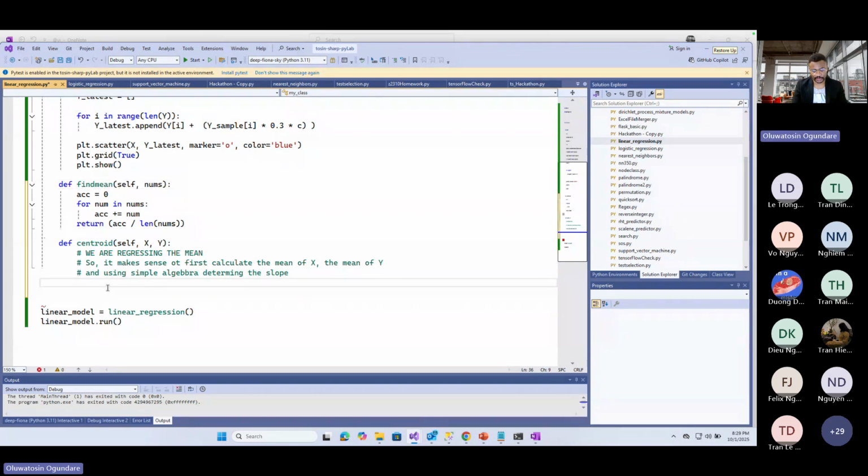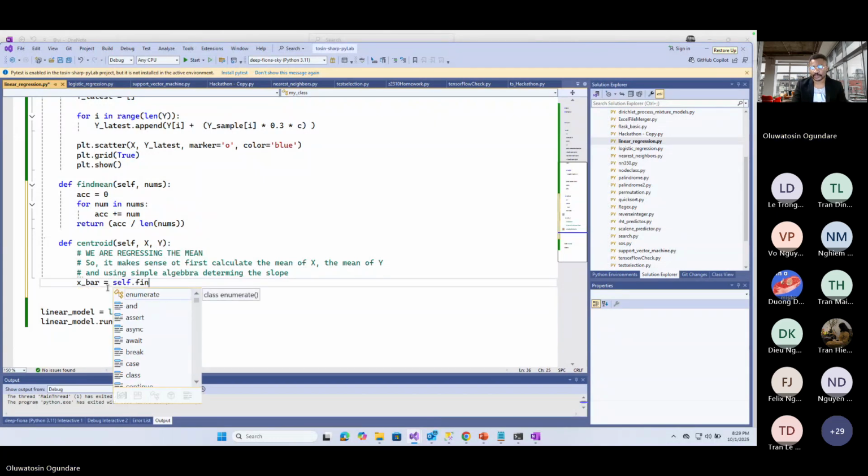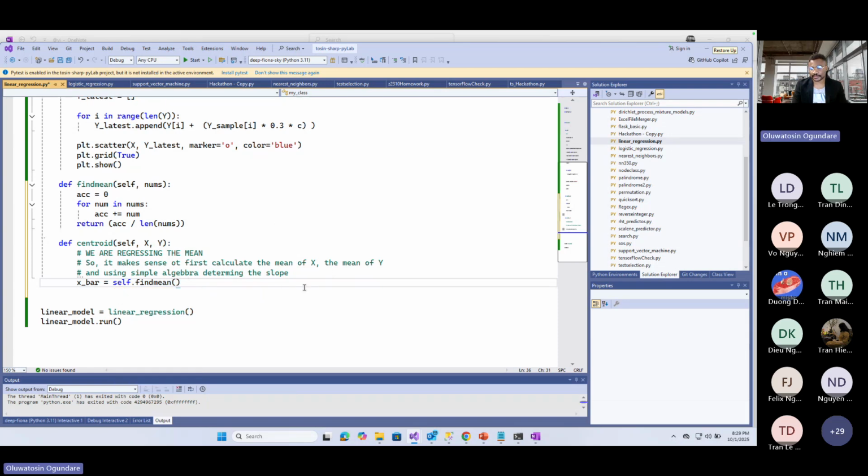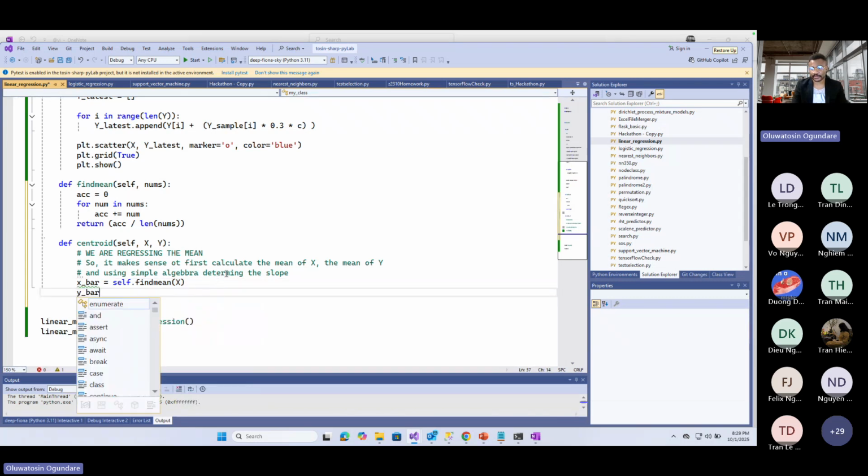And so the first thing we do here is x bar is self.find_mean, and this takes x, and y bar or y mean, whatever that is.